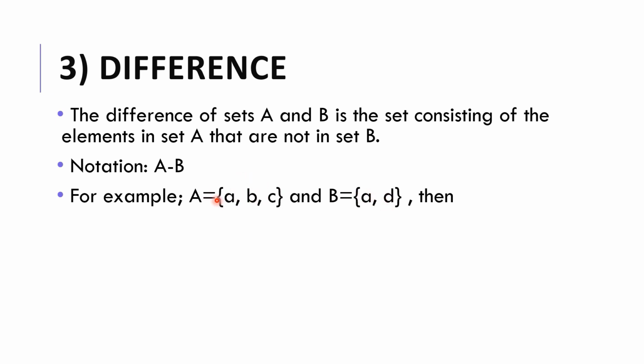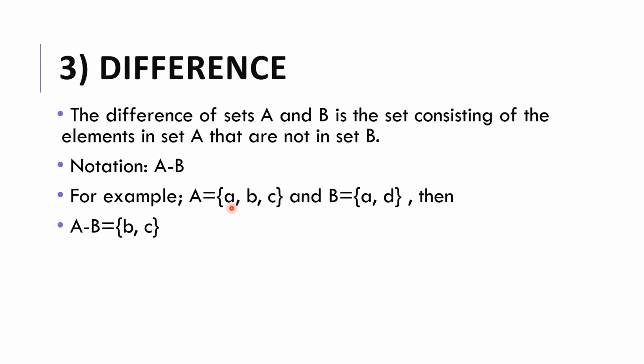Now from set A, minus the elements of set B. Which one is an element of set B? a. a is also in set B, so we simply cut this element a.